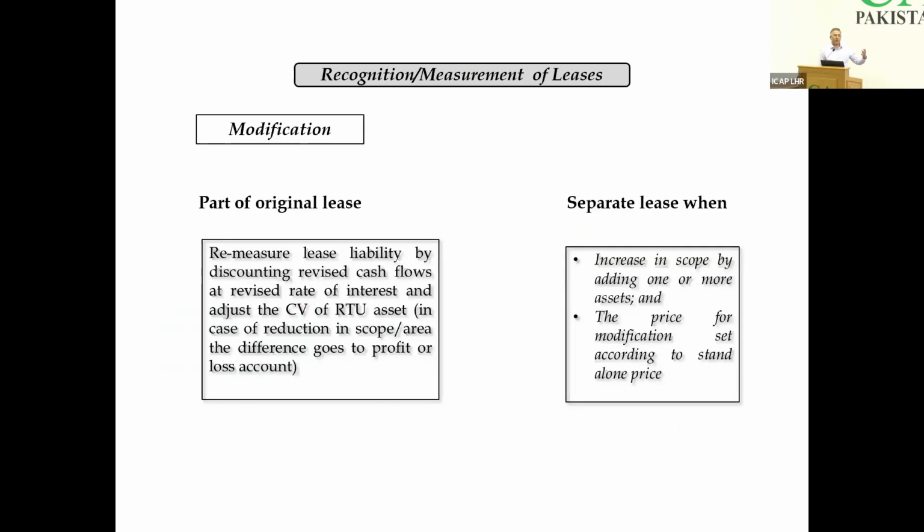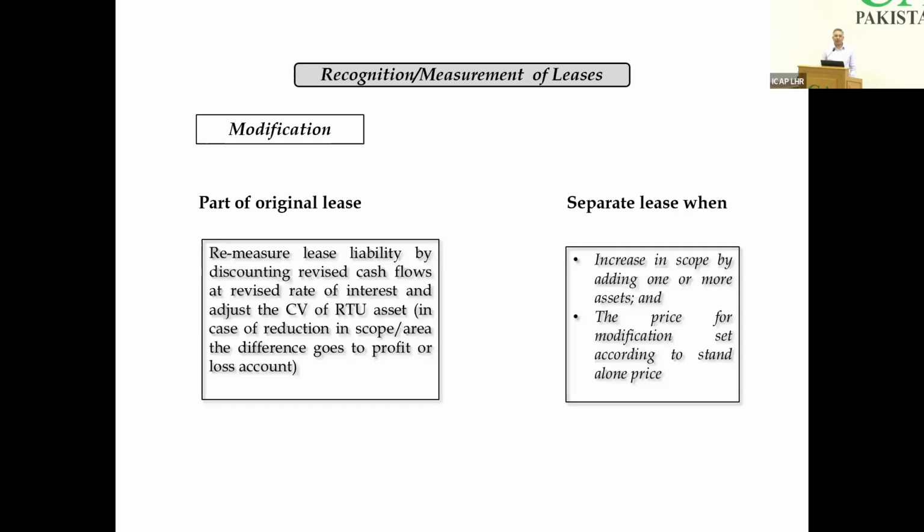So we will be discussing the different scenarios: if there is a change in the scope and that is not at standalone selling price, then what to do. If there is a change in the lease term, then what to do. If there is an increase in the lease term, if there is a reduction in the lease term, then what should be the accounting of these situations, we will discuss in the later slides.